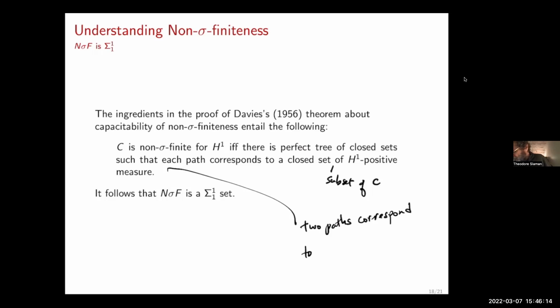Two distinct paths correspond to disjoint sets. Okay, so you have a perfect tree of closed sets, and then it follows C can't be sigma finite if it has an uncountable collection of closed sets of positive measure.